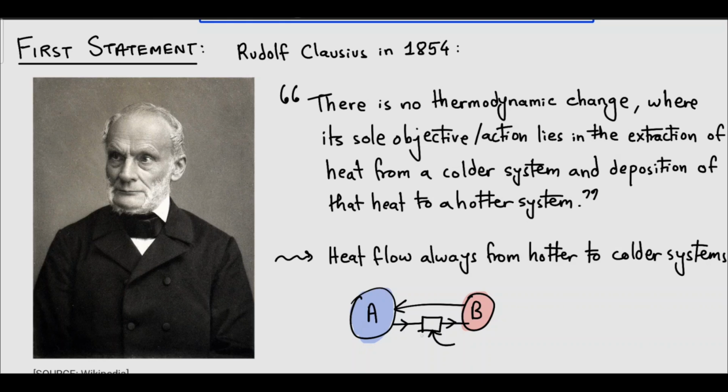So for example, if this machine has to transfer heat from A to B, there has to be some kind of work that has to be done by somebody from outside, so that it has the necessary capacity to transfer heat from A to B, because it is really against how the gradient of temperature works, because we know that heat flow would always happen from a hotter to a colder system.